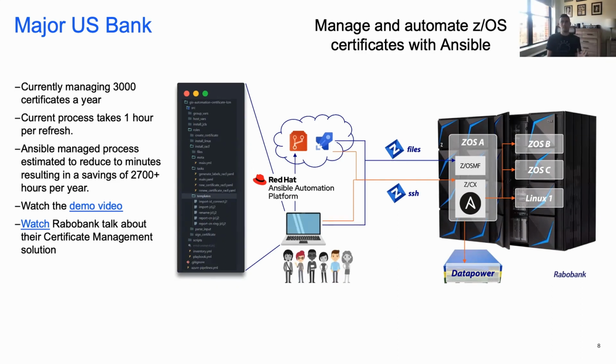So it's a great example of leveraging those multiple collections and community content that are out there, and really creating this hybrid cloud focus and environment with this Ansible Automation Platform strategy that they're looking at. So really exciting things happening there.